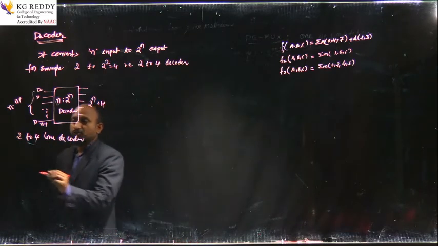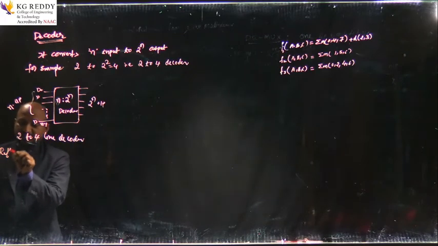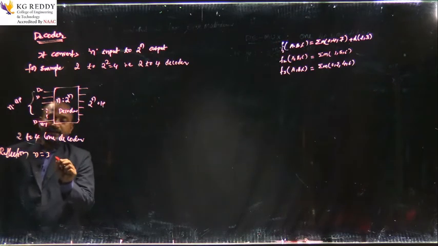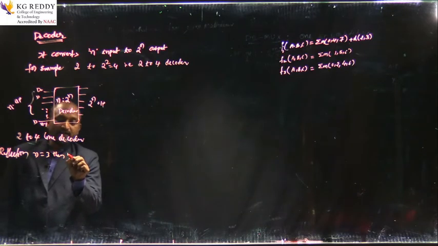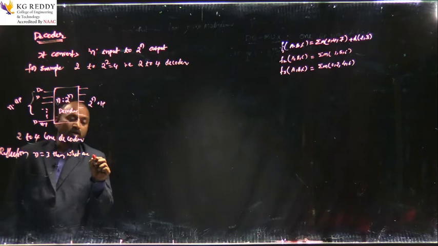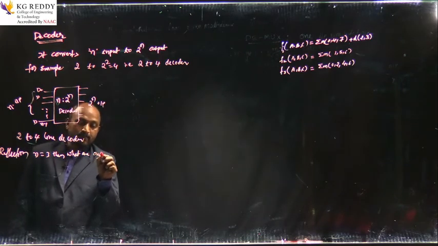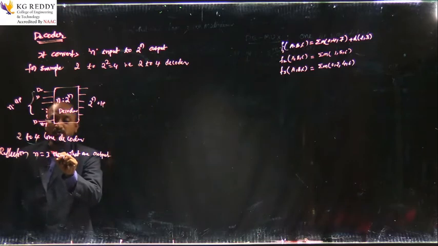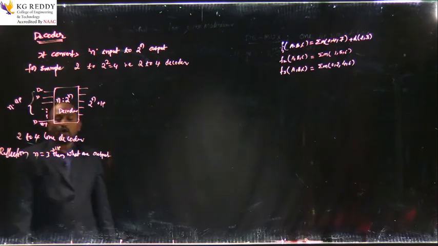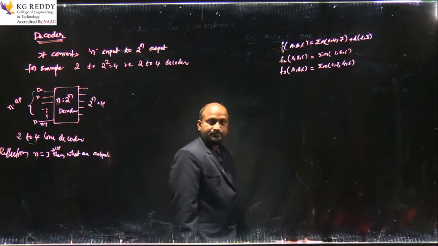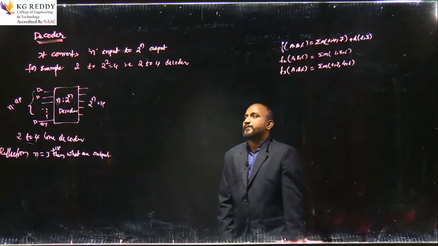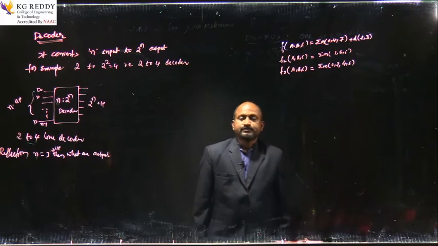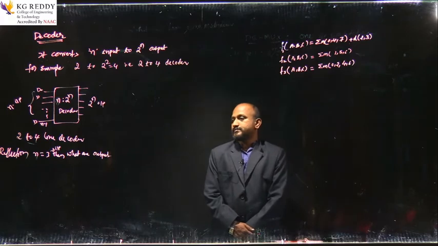Before starting, a reflection question: for n equal to 3 number of inputs, what are the outputs?